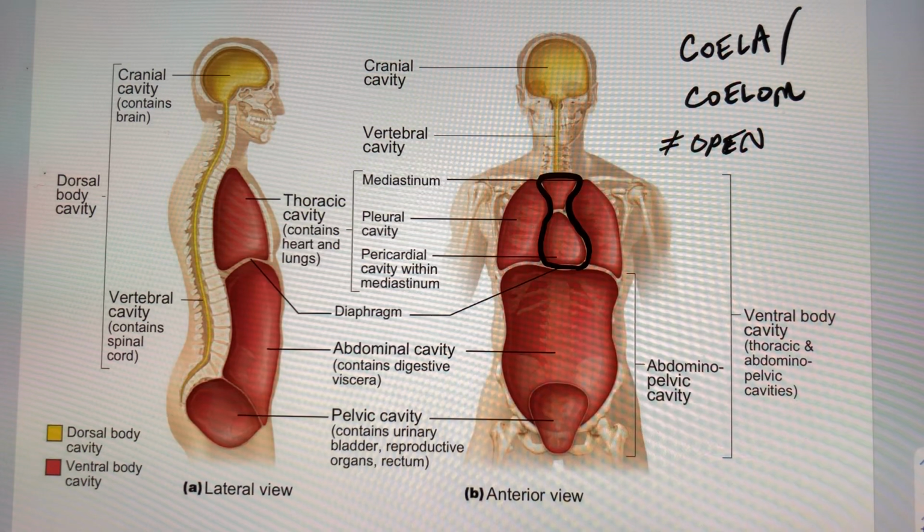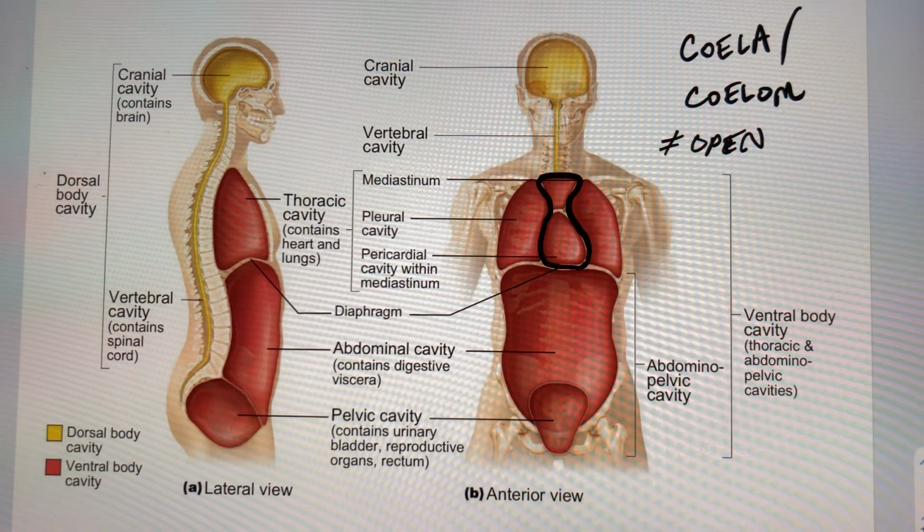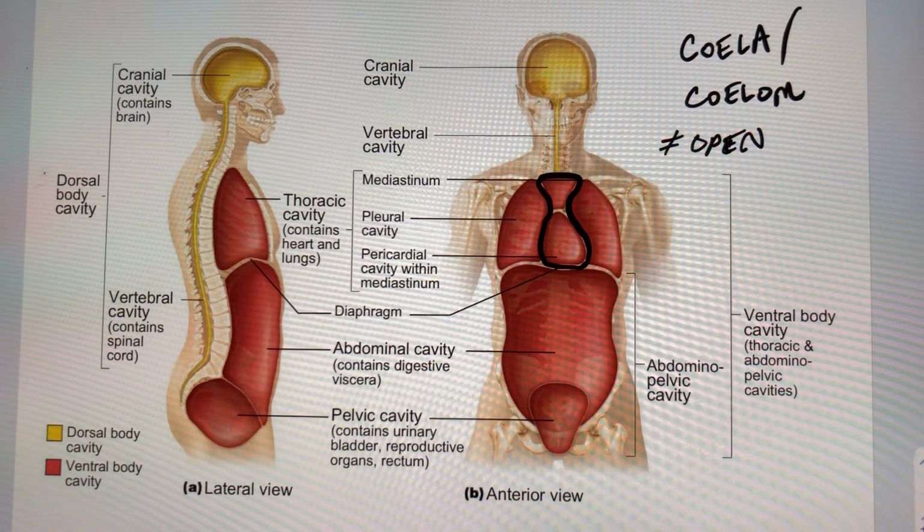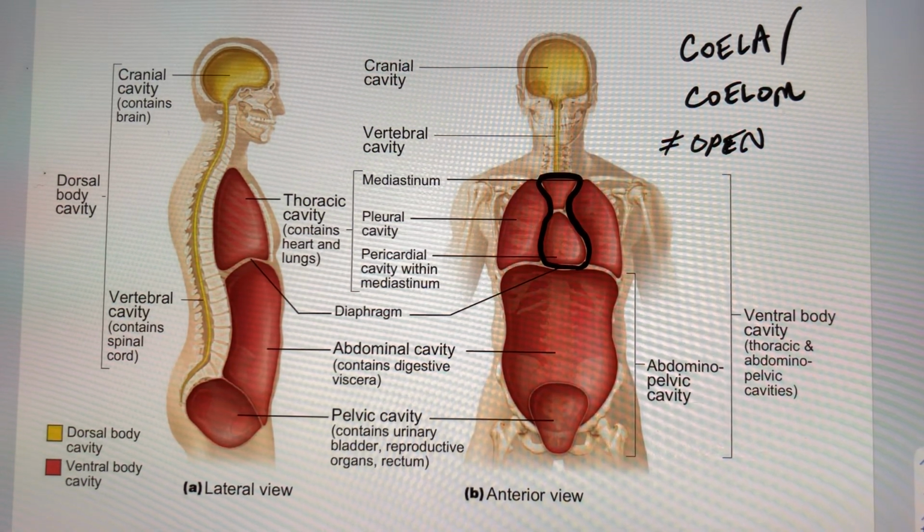And therefore includes, or houses, I guess I should say, the esophagus, the thymus, the trachea, the very beginnings of the bronchi, and the pericardium, and therefore the heart, okay?